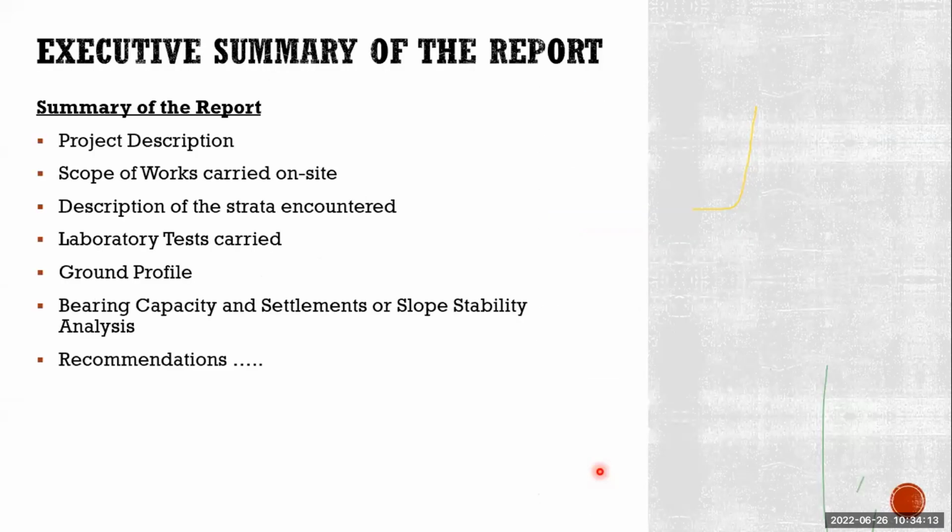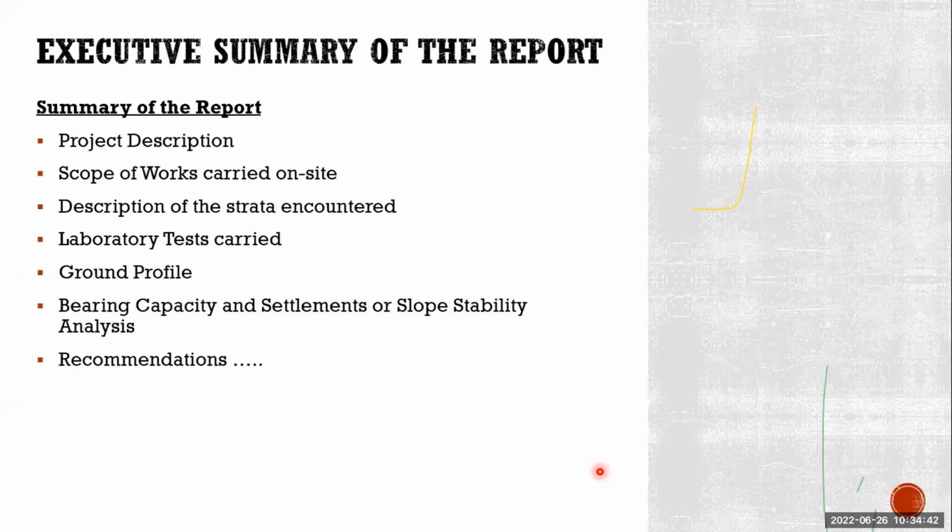Actually, in a geotechnical report, we have to include an executive summary of the report. It's a single page or two pages maximum, not beyond. We just give the summary of the whole report. Like a small project description, the scope of works carried out on site, strata encountered on site, and in-situ testing and lab tests.